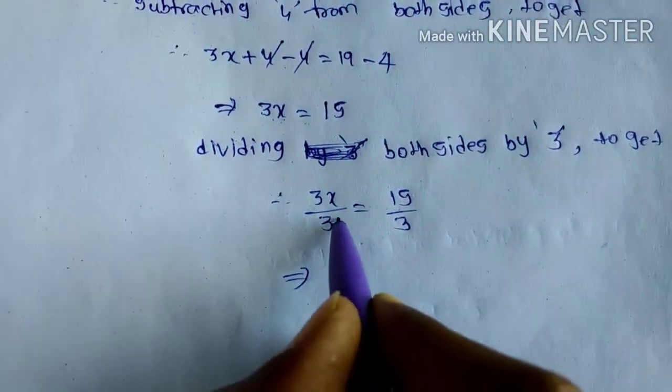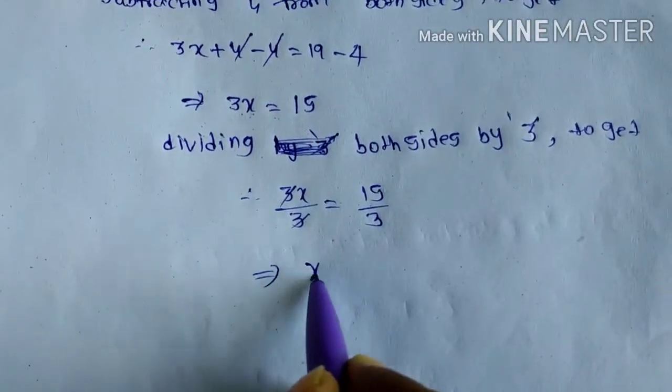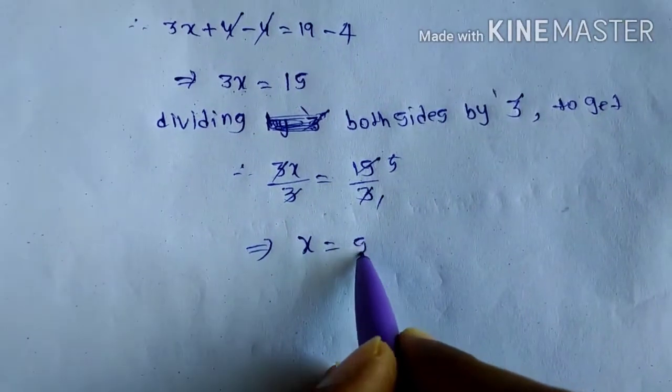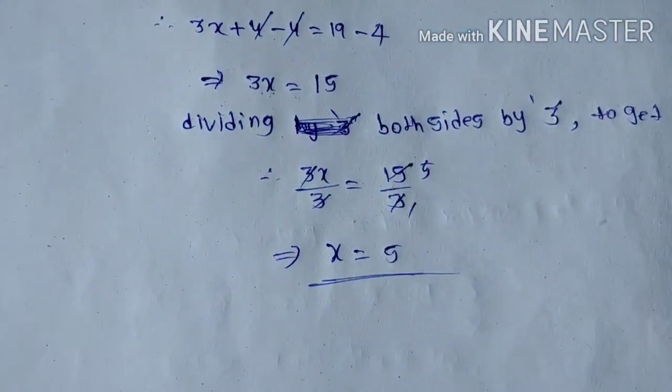That implies 3 cancels 3, and 15 divided by 3 is 5. That means x is equal to how much? x is equal to 5 is your solution.